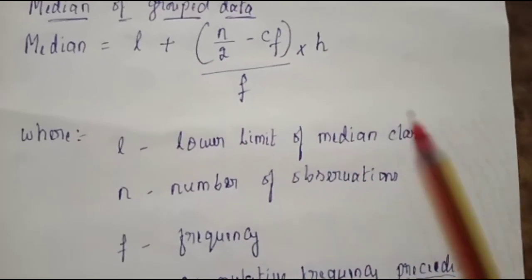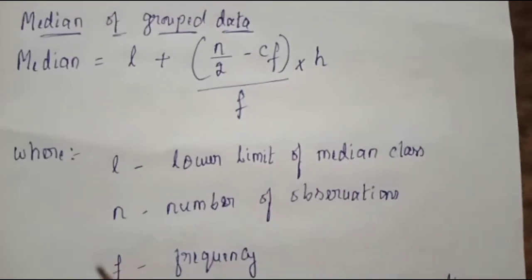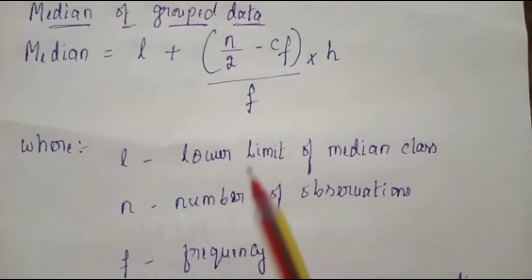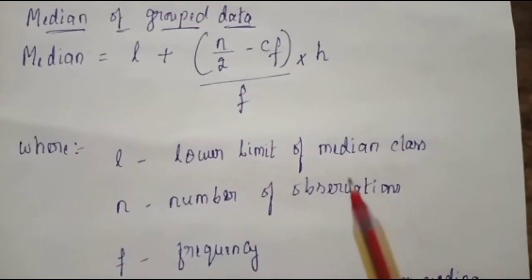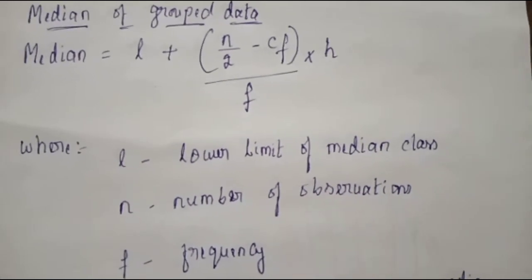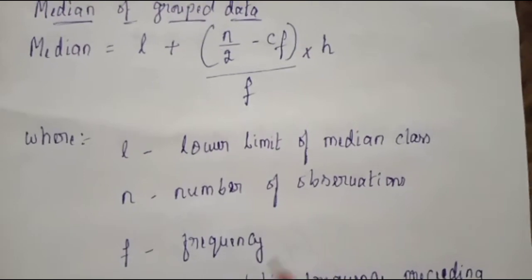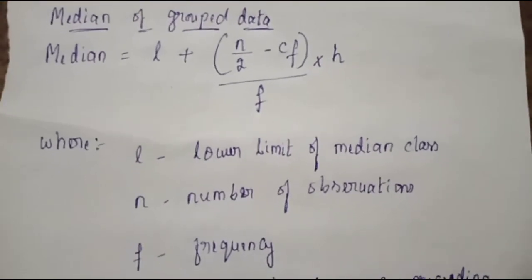I hope everyone understood the difference between the median of ungrouped data and grouped data, and we also learned some terms: less than cumulative frequency, more than cumulative frequency, the difference of both, and the median class. Thank you.